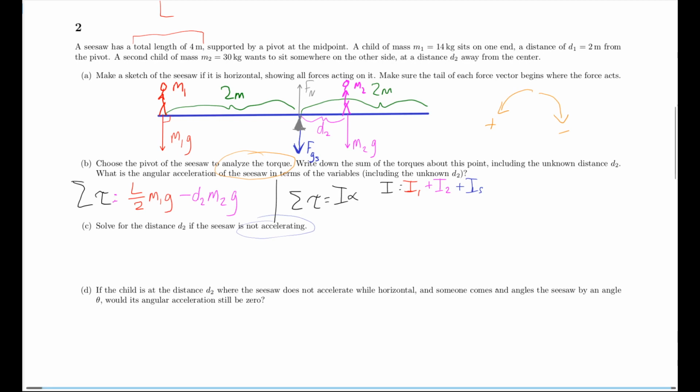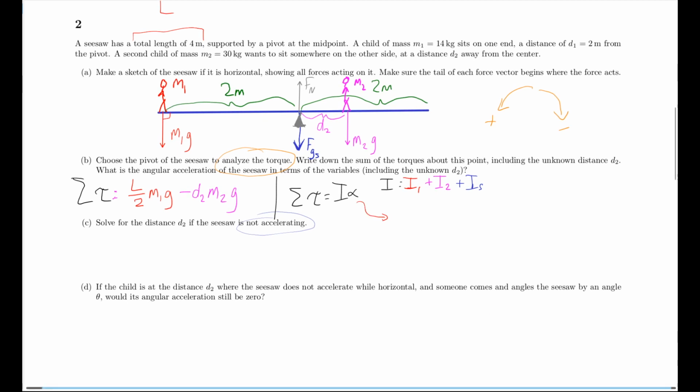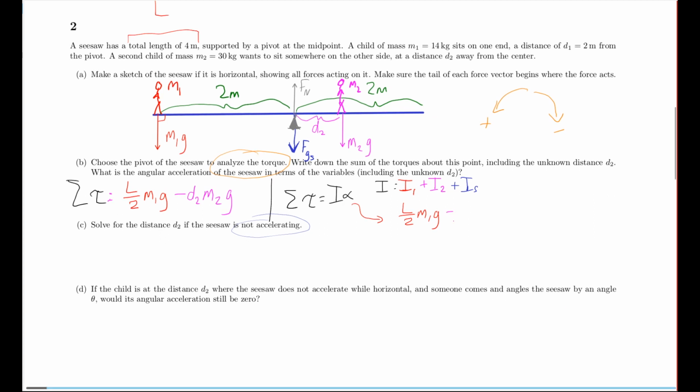So the sum of the torques is going to be the torque from the red child, L over 2 m1g, minus the torque from the pink child, child number 2, d2 m2g. And then I need to equate that to moment of inertia times angular acceleration. Well, what's the moment of inertia? The moment of inertia of a single small object is mr squared.